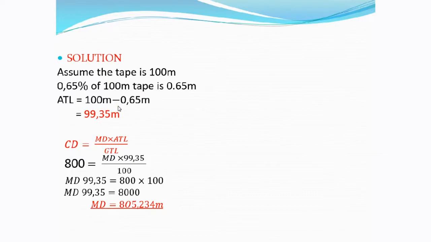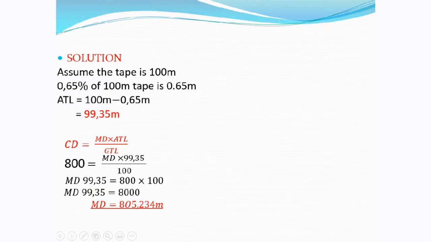Okay, so for the actual tape length, we assume that since they told us it's 0.65% too short, our tape is 100 meters, then we subtract because we were told that it was 0.65 too short. If it was 0.65 too long, we would add.